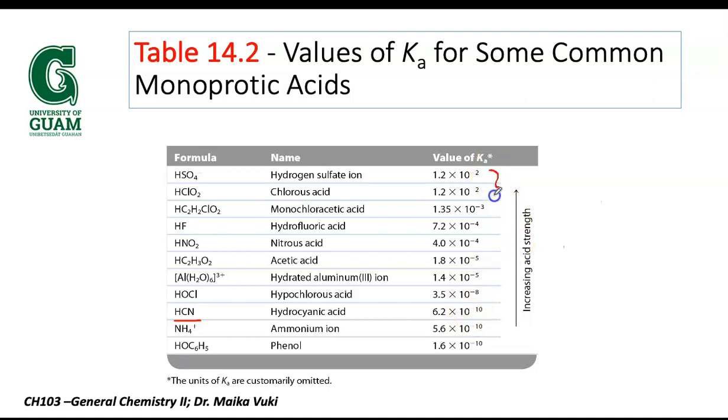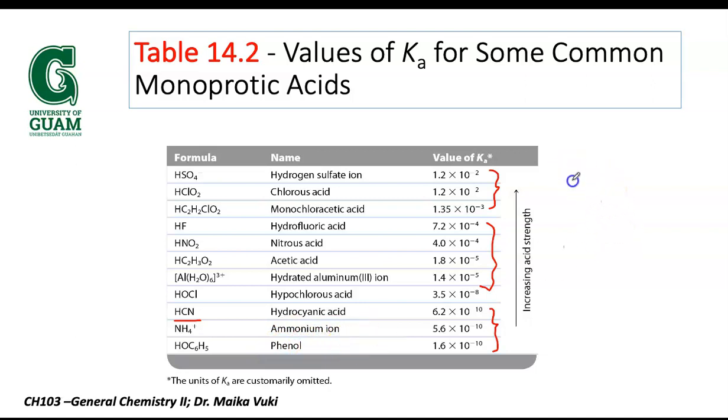So this is one group, relatively low: HSO4, which is hydrogen sulfate, chlorous acid, and monochloroacetic acid. And then you come to this category here, which is the next group, the 10 to the minus 4 to minus 5 range: hydrofluoric, nitrous, acetic acid. And then you come to very weak acids. You're looking at hydrocyanic, ammonium, and phenol.